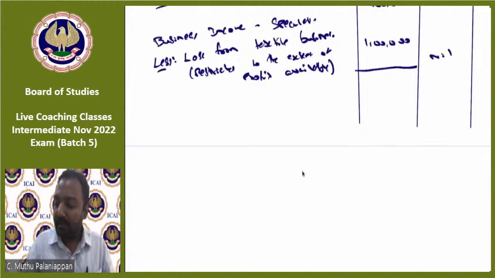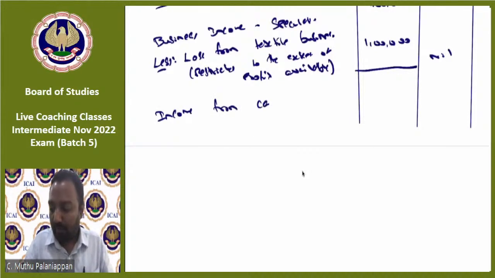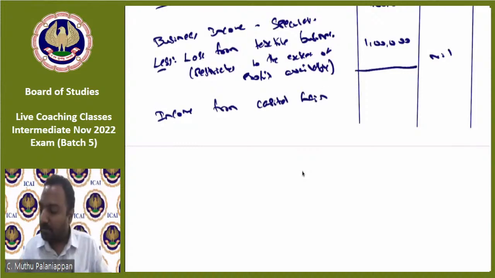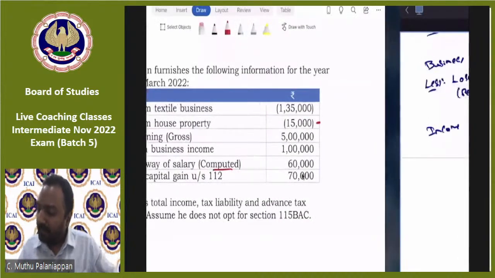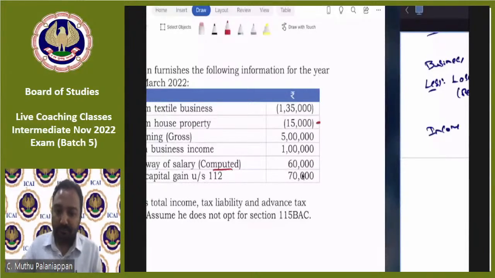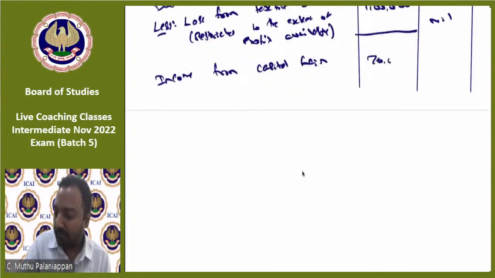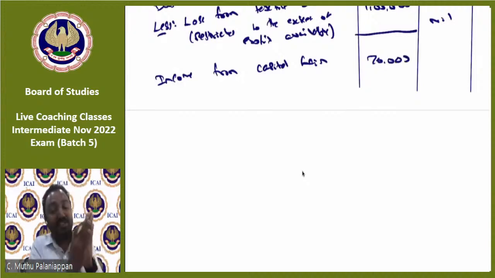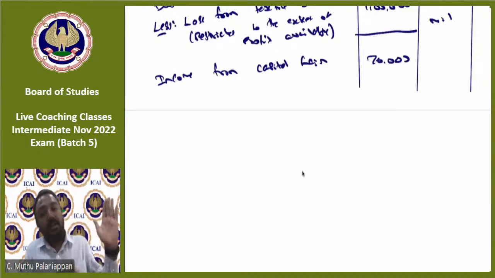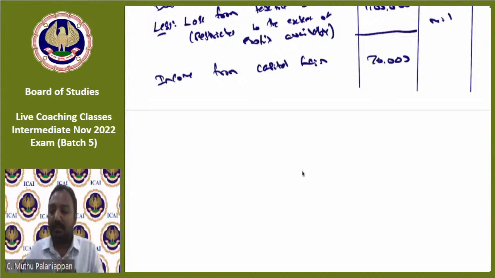Now income from capital gain is basically 70,000. We said the general business loss can be adjusted to all heads of income other than salary.